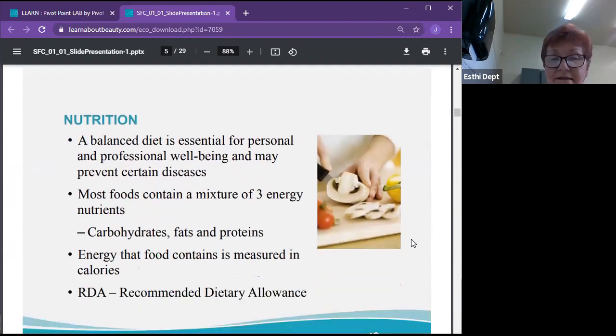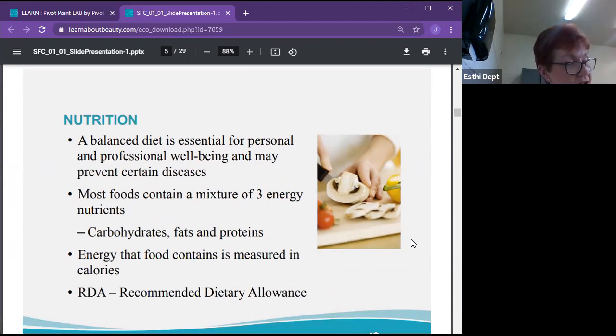A balanced diet is essential for personal and professional well-being and may prevent certain diseases. That's what you put in there. Most foods contain a mixture of 3 energy nutrients, which are carbohydrates, fats, and proteins. And energy that food contains is measured in calories. So the RDA stands for Recommended Dietary Allowance.